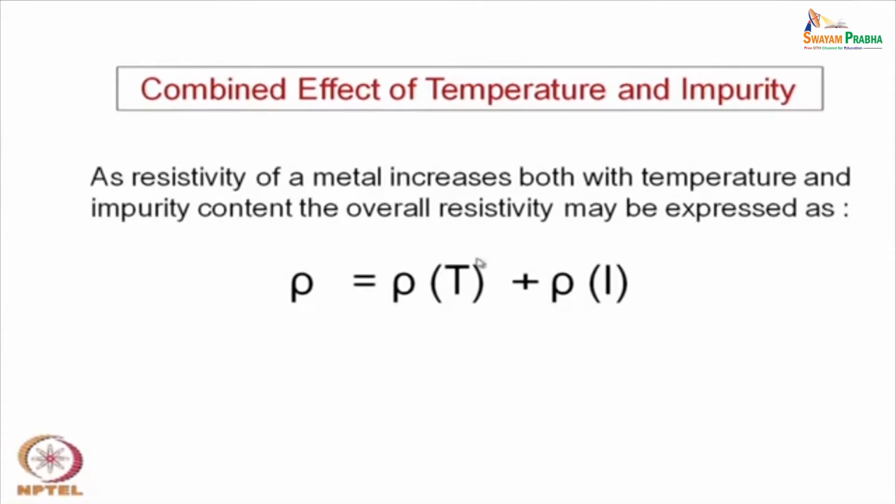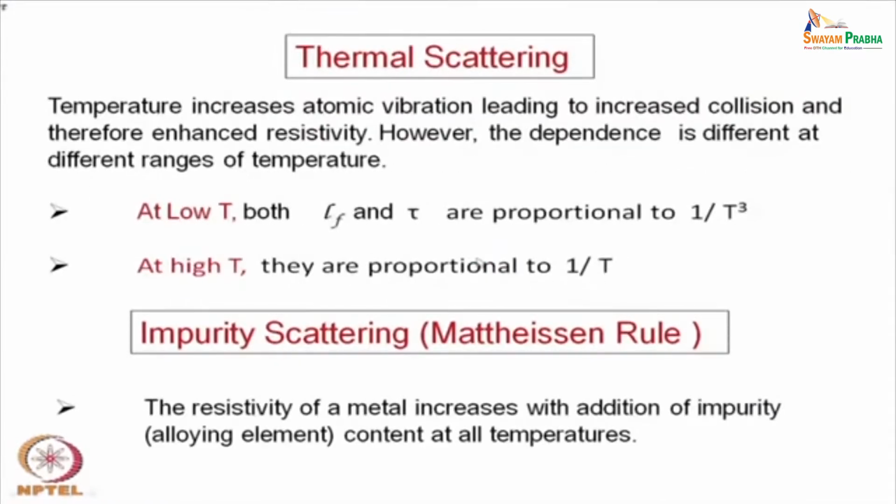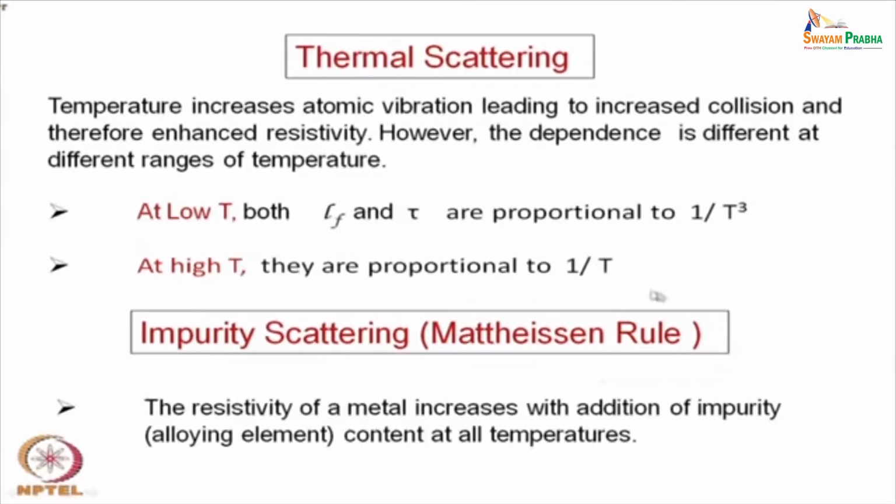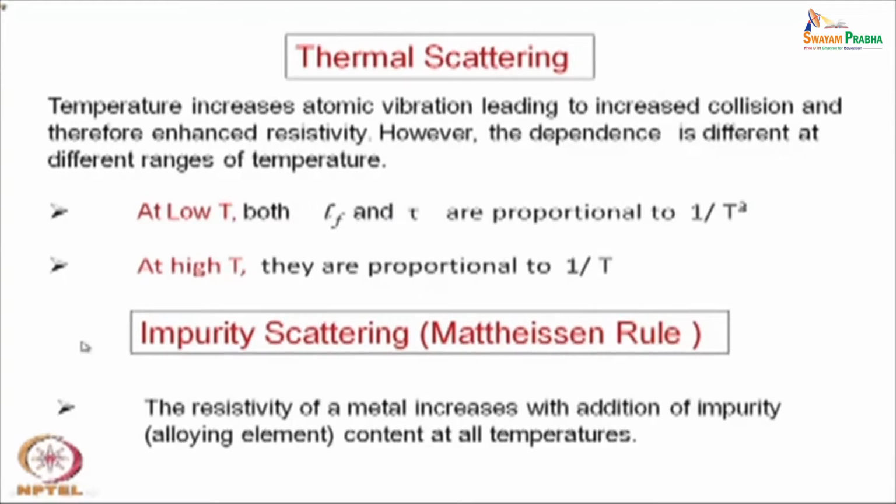And this combined effect is actually called Matthiessen's rule, where the scattering is by impurities. So, this one is the scattering by the lattice vibration or the thermal scattering, and this is called the impurity scattering, and that is more or less empirically described by the Matthiessen rule.